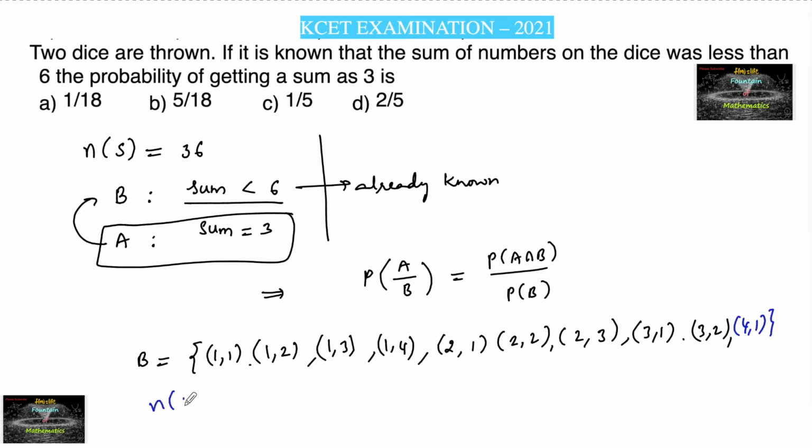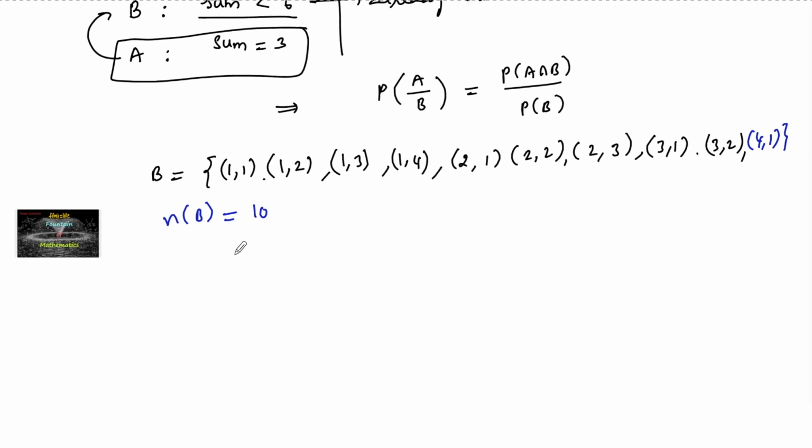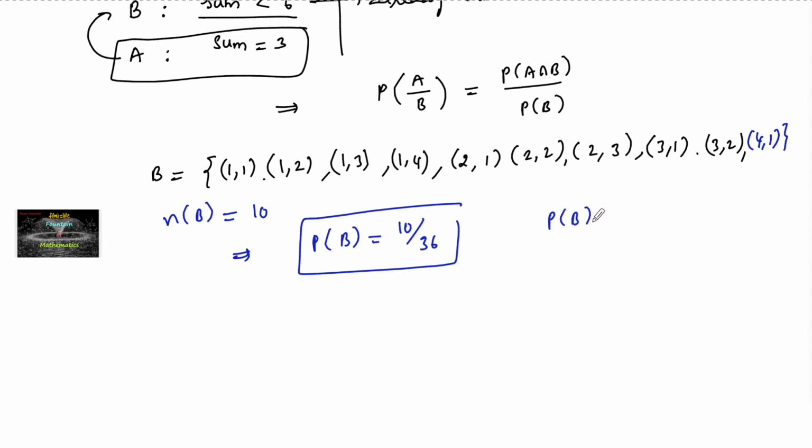So the number of elements in event B is 1, 2, 3, 4, 5, 6, 7, 8, 9, 10. So total 10 elements are there in event B, which implies that the probability of event B is 10 out of 36, that is, the number of elements in B upon the number of elements in the sample space.